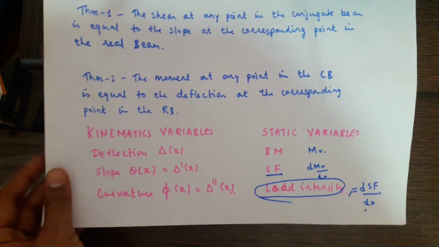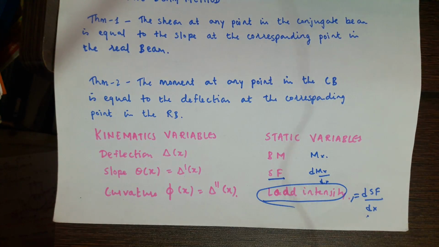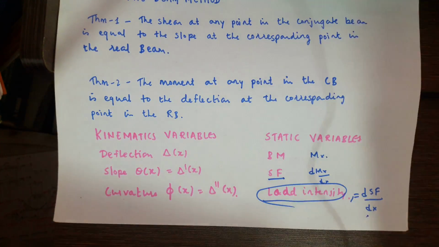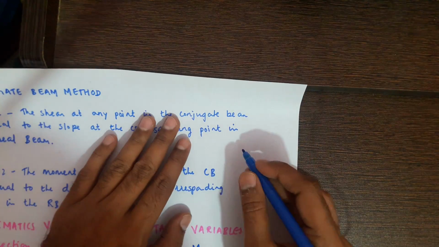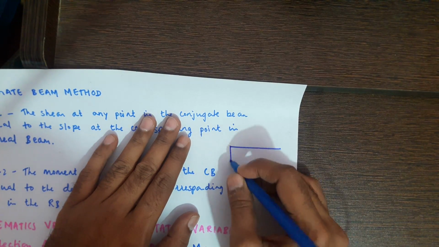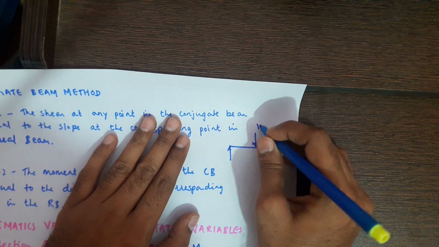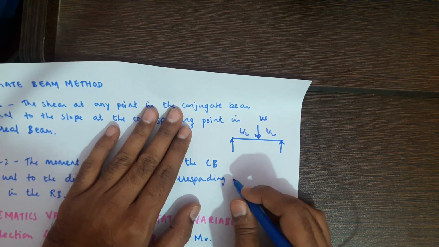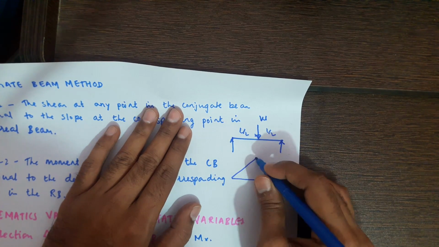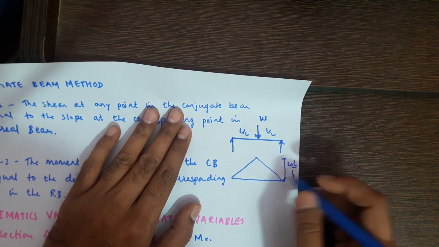Now I told you we have to convert a real beam into a conjugate beam, and how shall we convert it? Now see here, first we have to take a beam, a simple beam. Okay, I will take a simple example, with a load giving WL by 2, and the bending moment diagram will be in this way, with a peak of WL by 4.